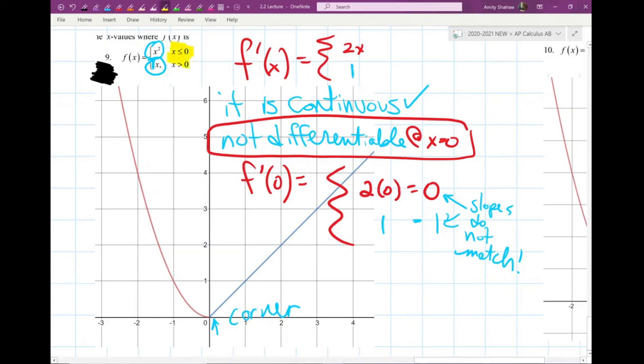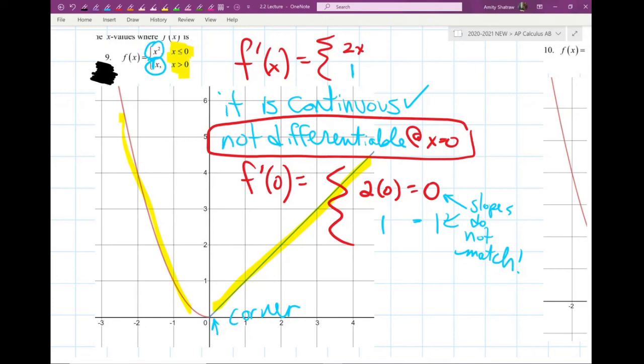Because this is where the graph gets funky, where we have the red line changing over to the blue line. If you have the graph, you could see the corner. If you're trying to do this algebraically, you look to see if it's continuous. If it is continuous, then you check those slopes. And seeing that they don't match tells you that it's not differentiable there.